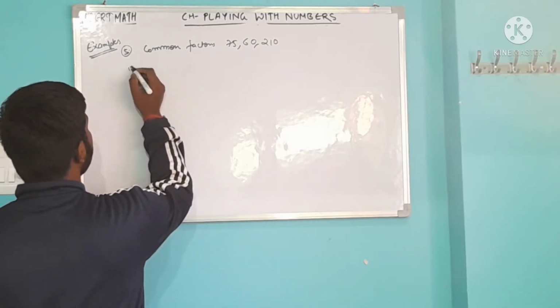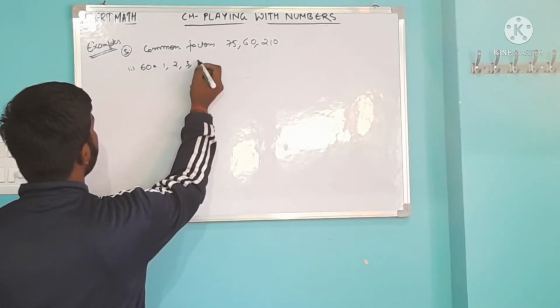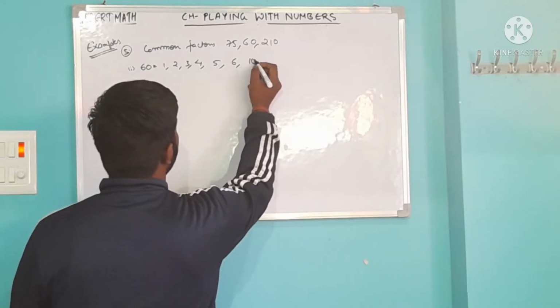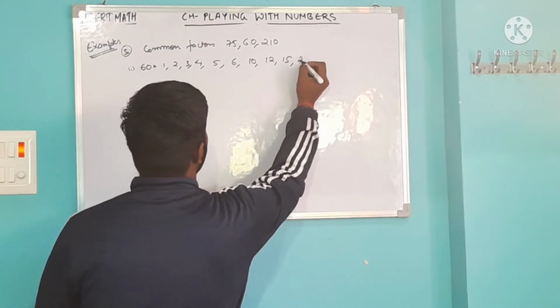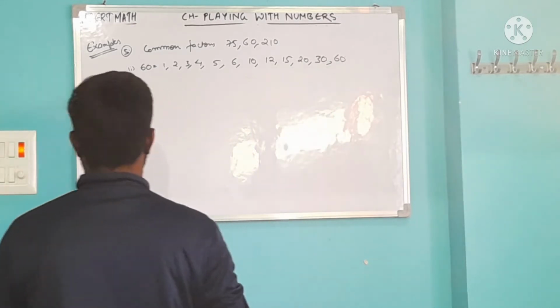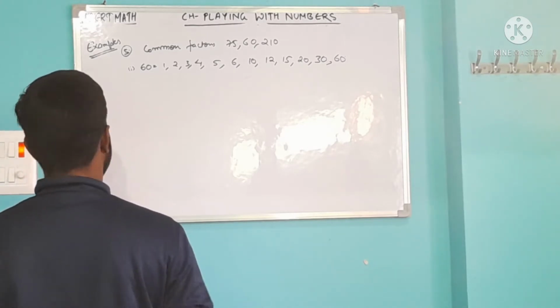Firstly, we need to find the factors of 60, which will be 1, 2, 3, 4, 5, 6, 10, 12, 15, 20, 30 and 60. So these are the factors of 60.